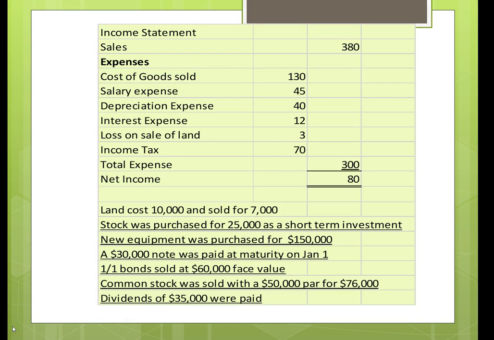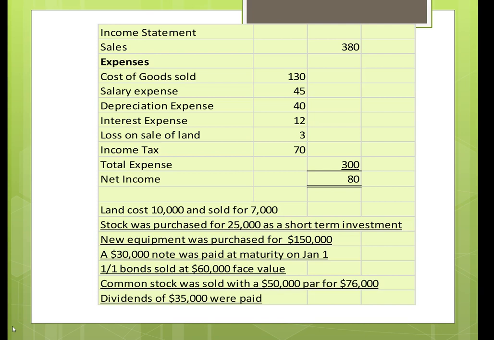Next, I also need the income statement, and along with that, I also need additional information about transactions that affect investing and financing activity, and that explain the changes in those accounts, i.e., long-term assets and long-term liability and equity accounts.